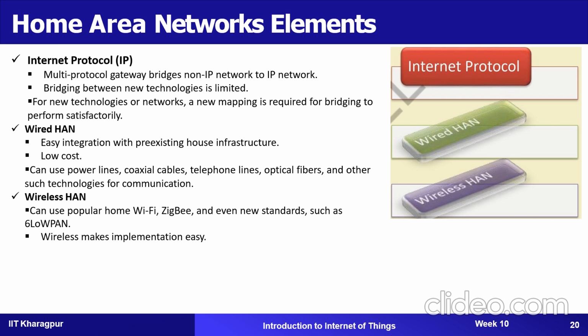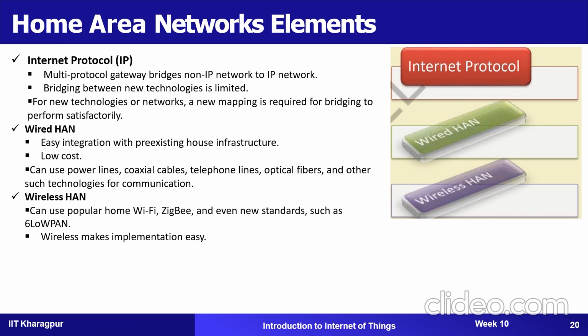Next is your wired home area network. In wired home area network, easy integration with pre-existing home infrastructure is there. It is of low cost and can use power line, coaxial cables, telephone lines, optical fibers and other such technologies for communication between your different home appliances. Next is your wireless home area network.